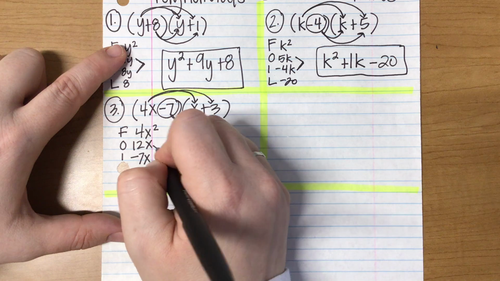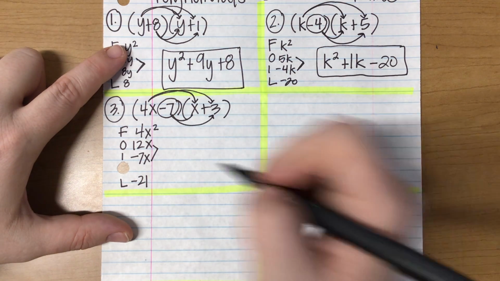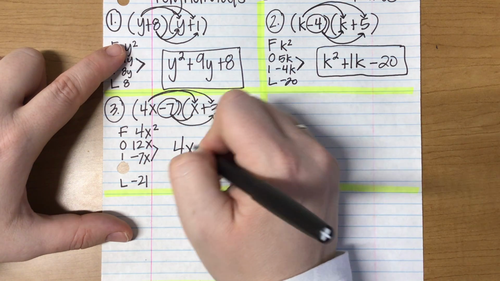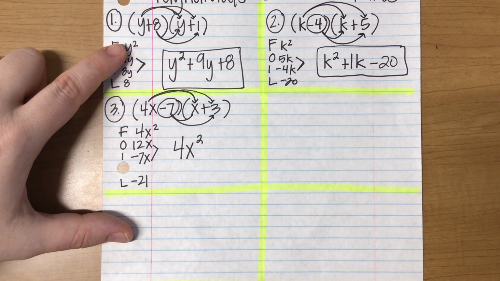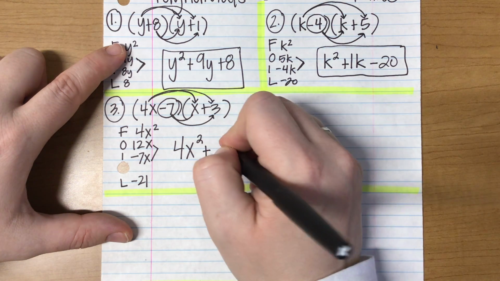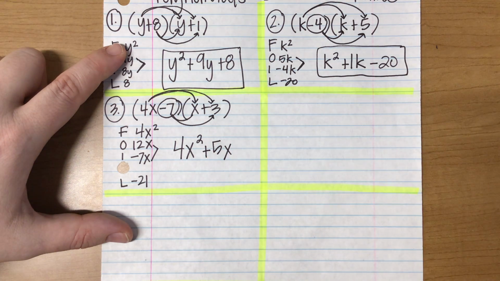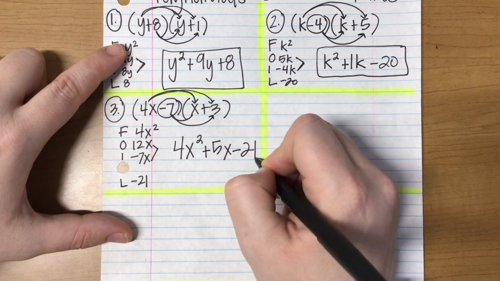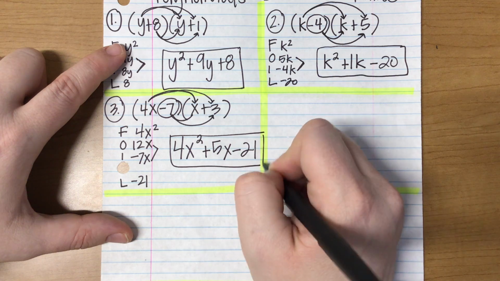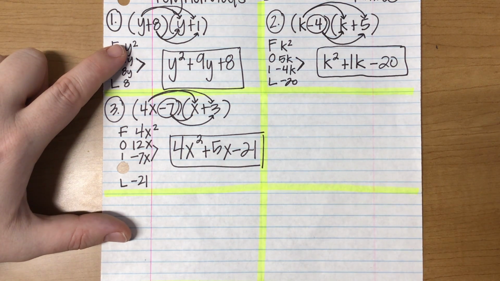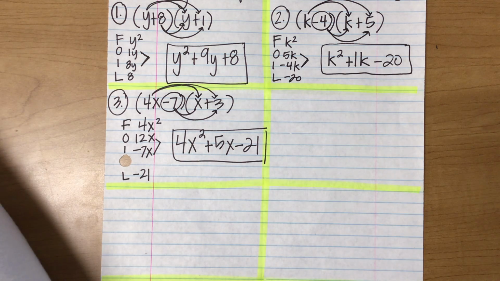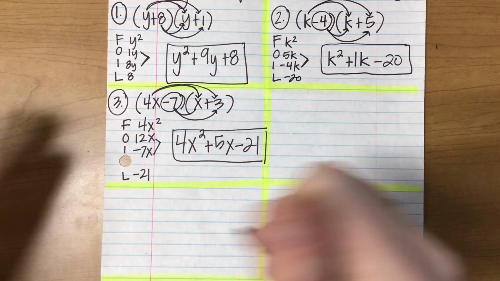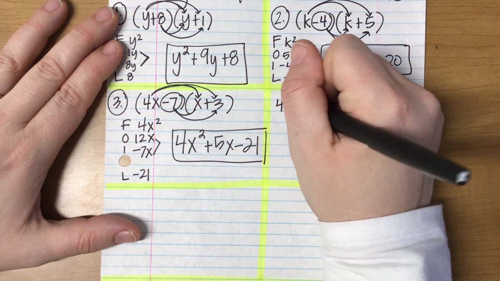Look for like terms. 4x squared. 12x minus 7x is positive 5x, minus 21. Number 4.